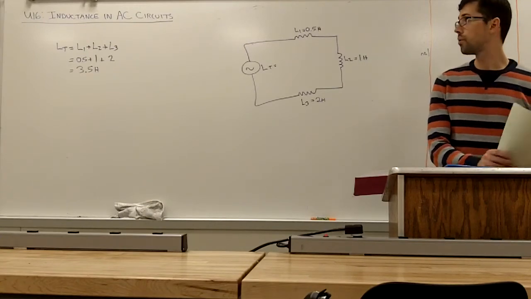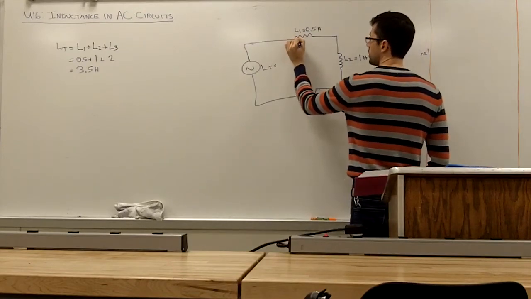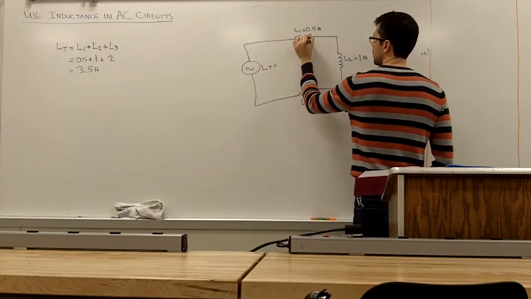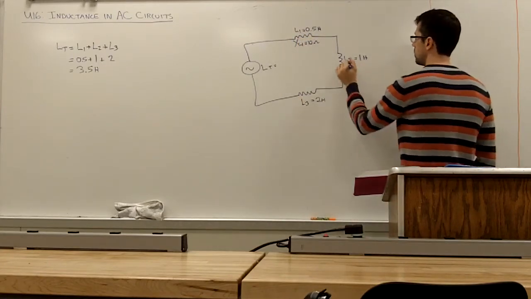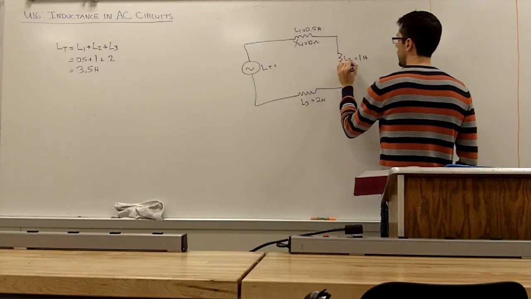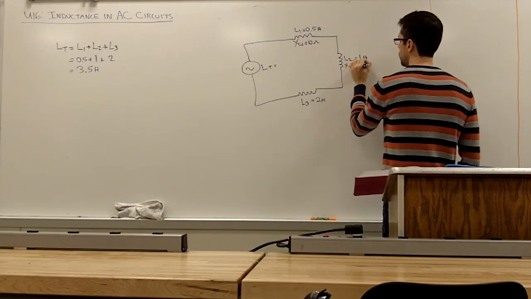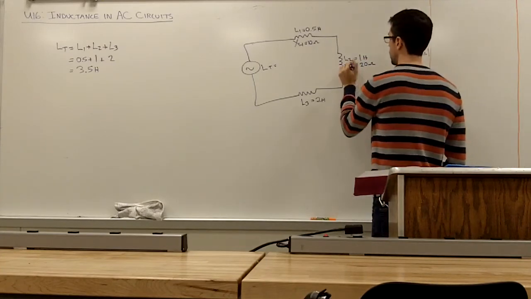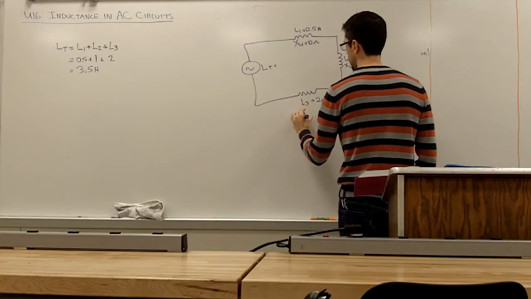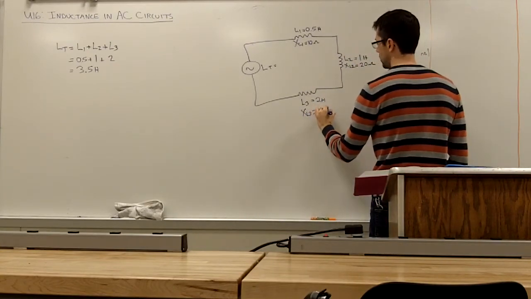This is also true for the inductive reactance. So if we had an inductive reactance of 10 ohms for inductor 1, inductive reactance of 20 ohms for inductor 2, and then an inductive reactance for inductor 3 of 40 ohms.